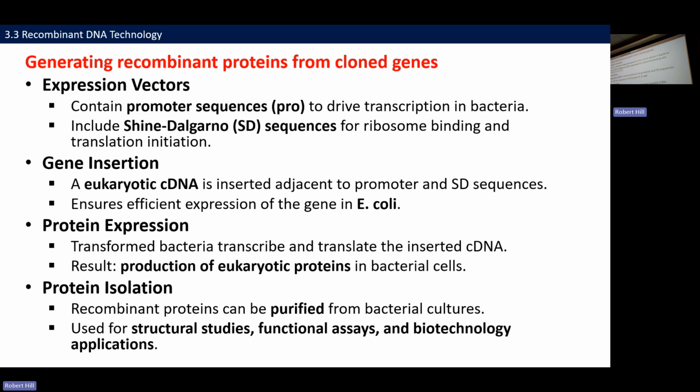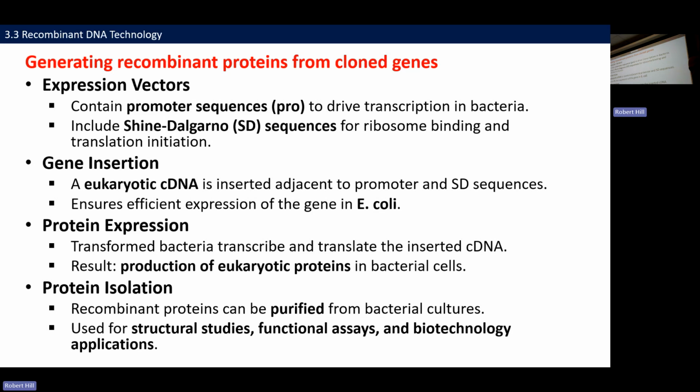But it's a random event. You have ddNTPs for the A's, T's, C's, and G's there. So these are all your dNTPs, and then randomly you get incorporation of one of these ddNTPs. And as long as it's ratiometric, you'll get pretty much an equal number of copies of each of those fragments.